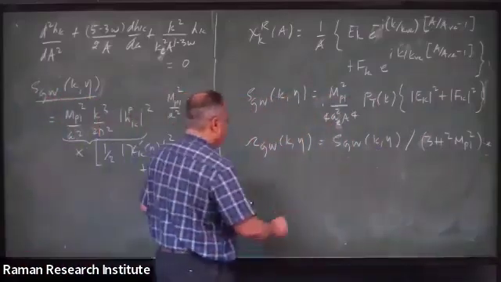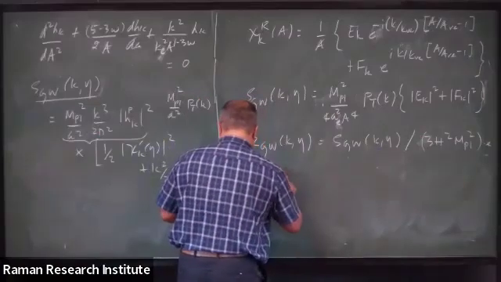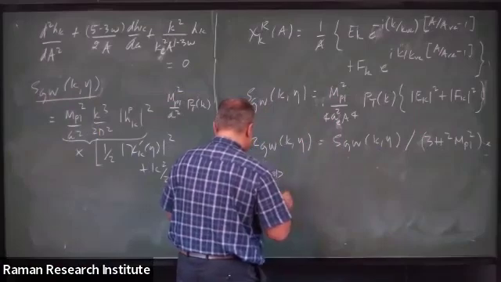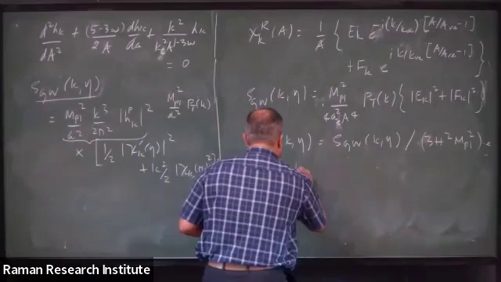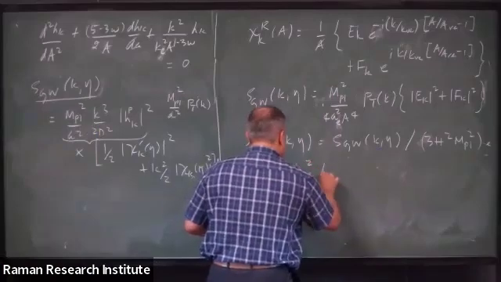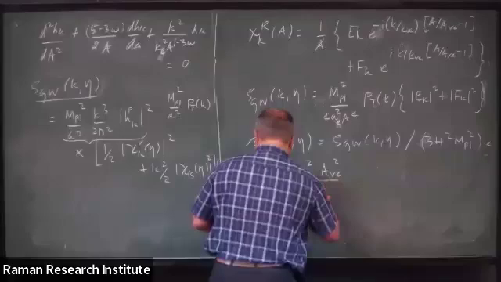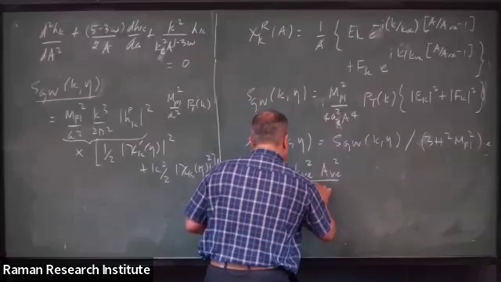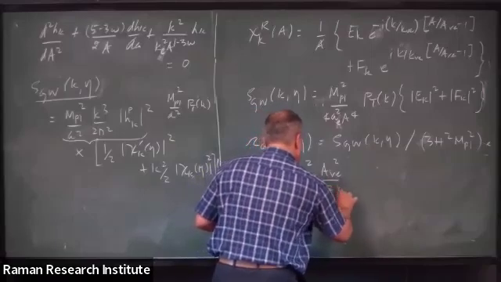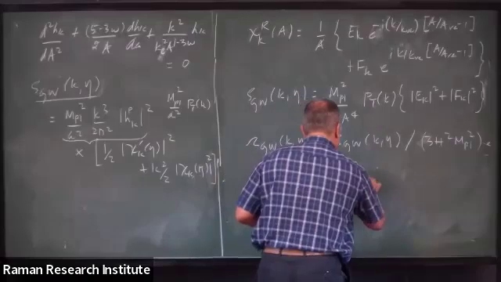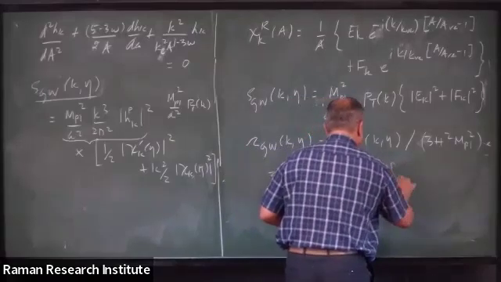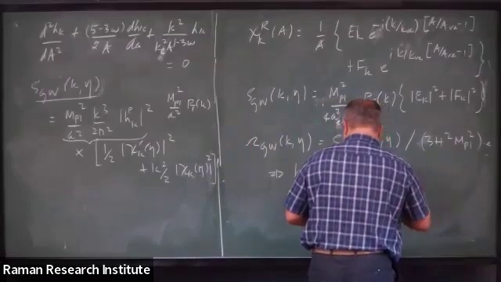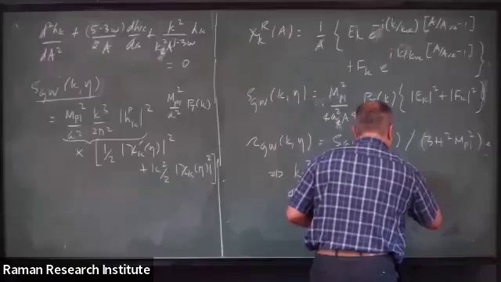I can write this essentially as k_RE squared, a_RE squared, divided by 48 a_E squared H squared, capital A to the power 4, P_T of k, into mod E... I have written another quantity.